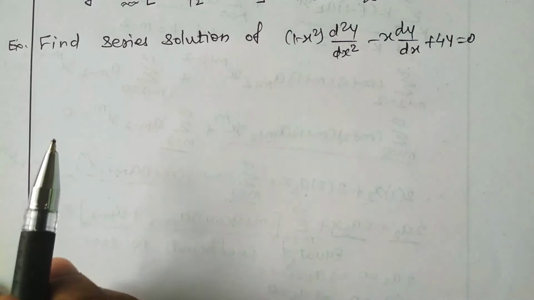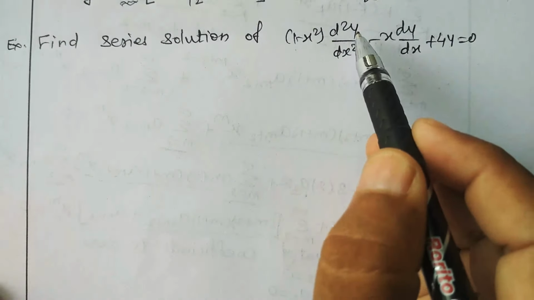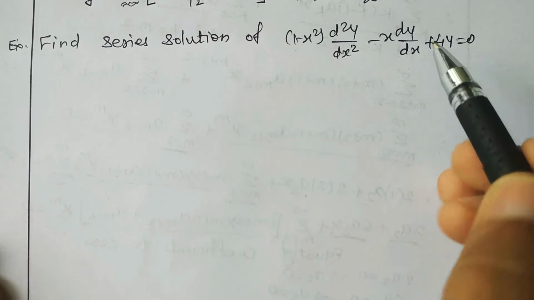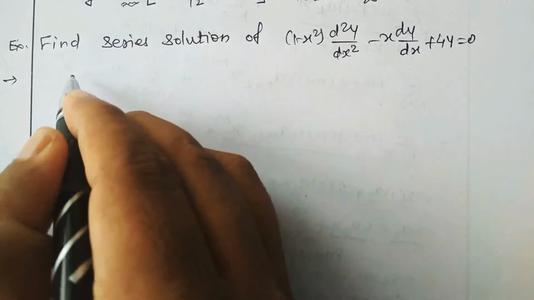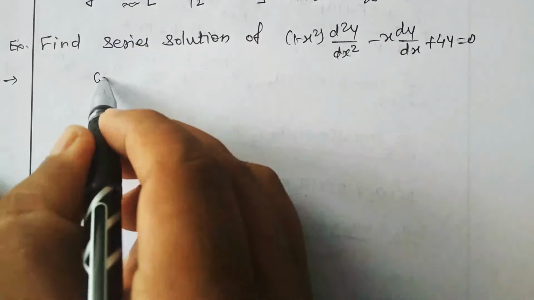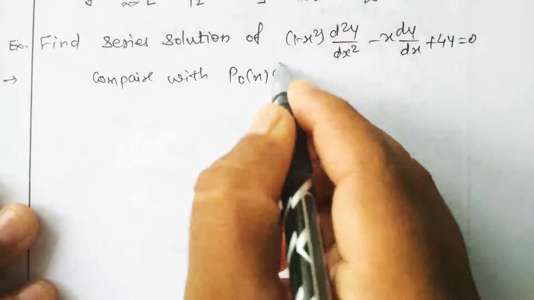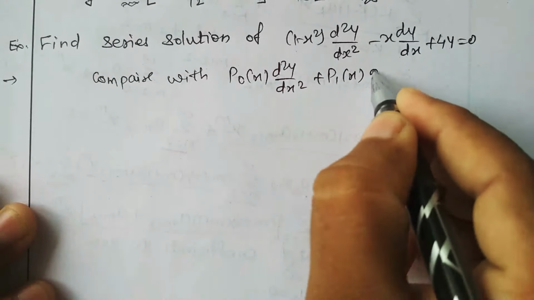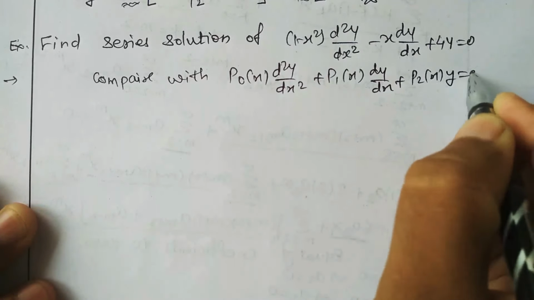Next example, find series solution of (1 minus x square) d square y by dx square minus x dy by dx plus 4y equals to 0. So first of all we compare this with p0 of x d square y by dx square plus p1 of x dy by dx plus p2 of x into y equals to 0.